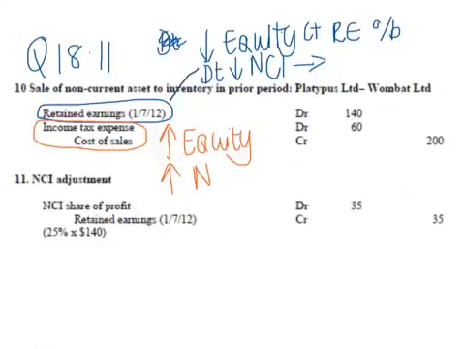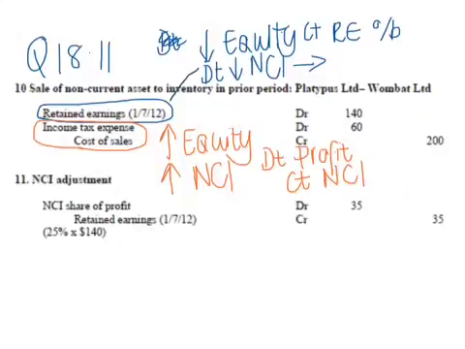Therefore, the NCI has to move in line, an increase in the NCI proportionally to their shareholding. So the entry will be debit the profit. So we extract it from the profit and we allocate it to the NCI equity account so that it increases with that increase in equity.